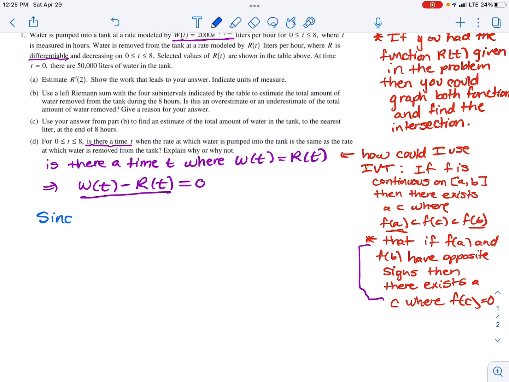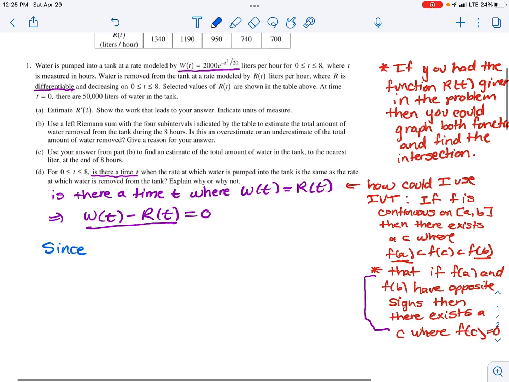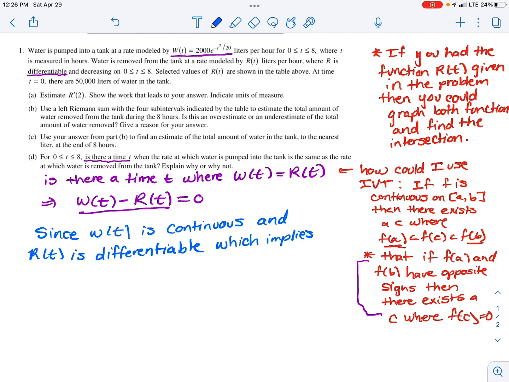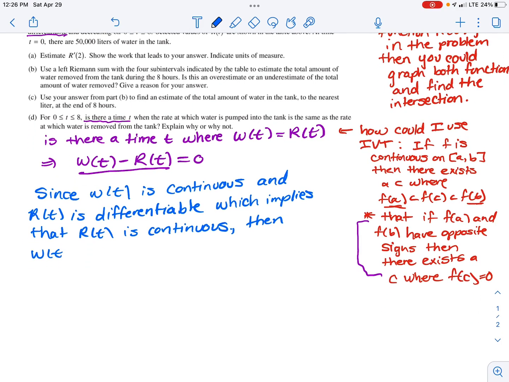Since w of t is continuous and r of t is differentiable, which implies that r of t is continuous, then w of t minus r of t is continuous.